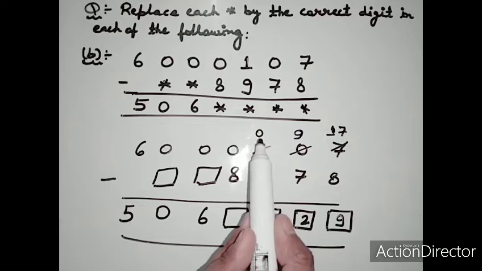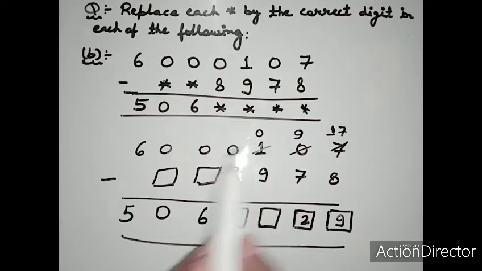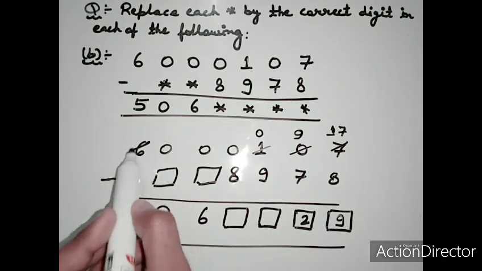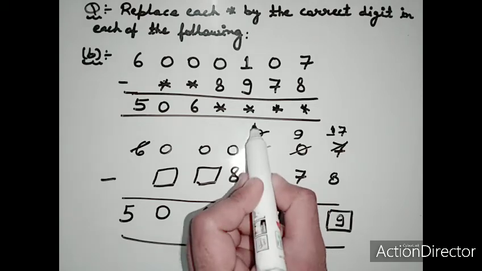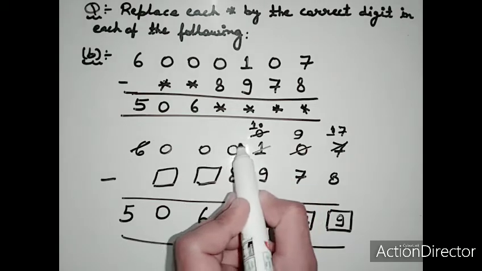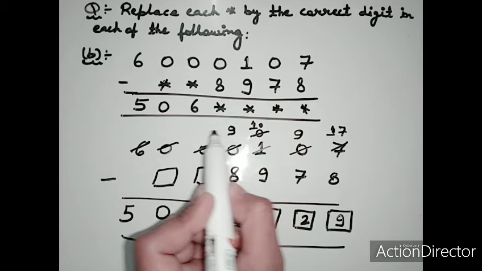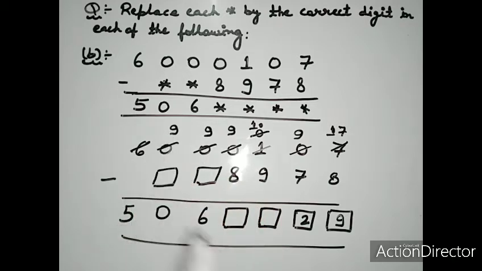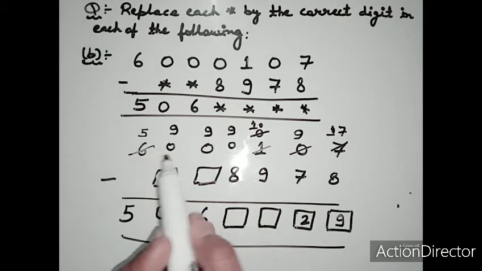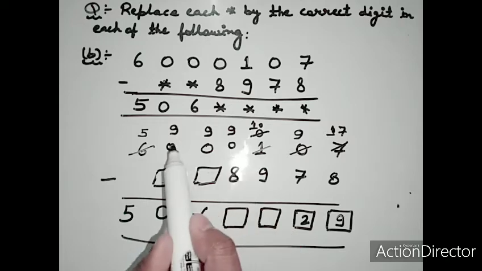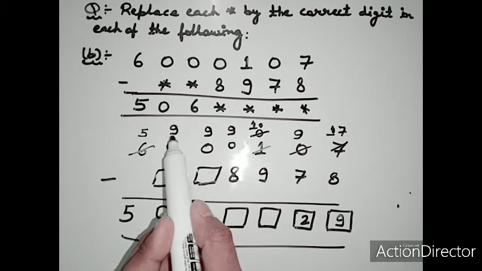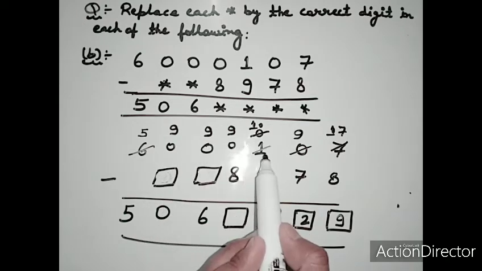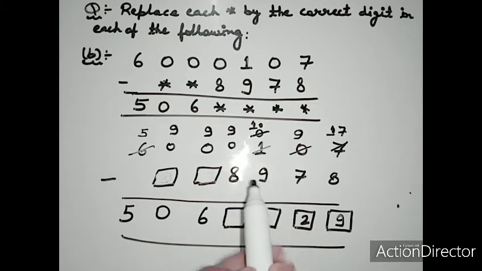Now 0 is smaller as compared to 9, so here we take one borrow from here. So this number changes into 10 and the other numbers change into 9, 9, 9 and 9 here. So 5 is left here and the other zeros change into 9 and this 0 changes into 10 here.